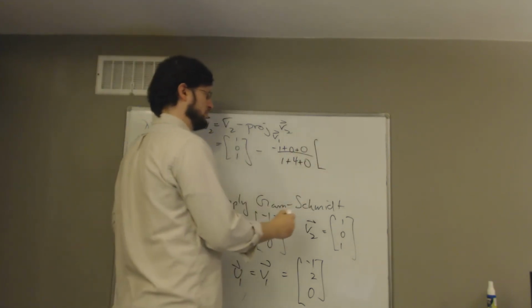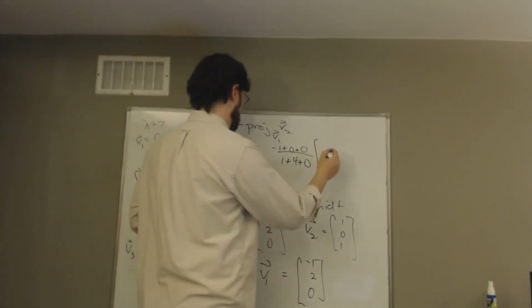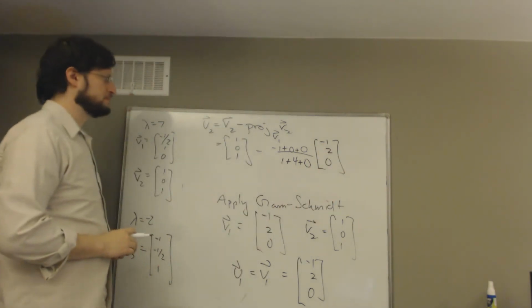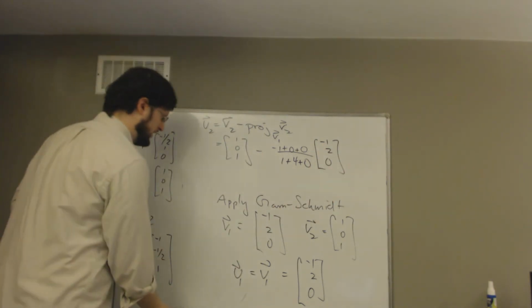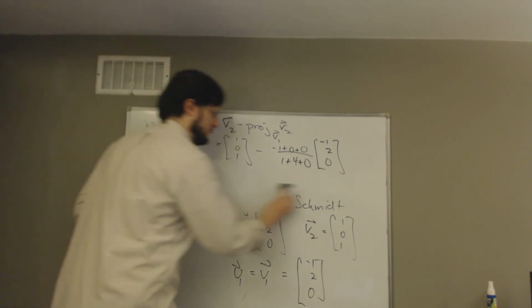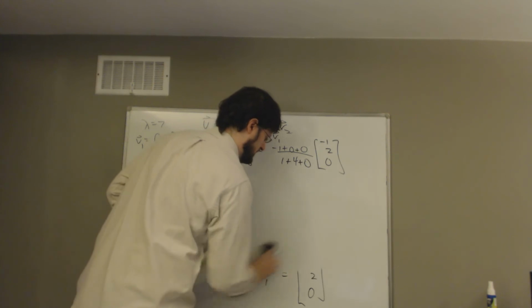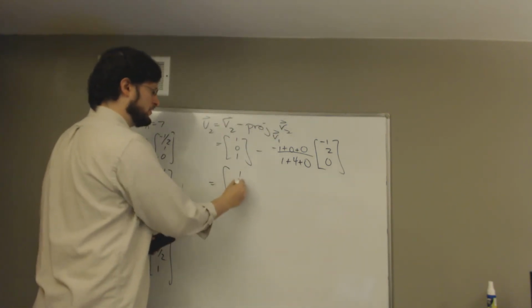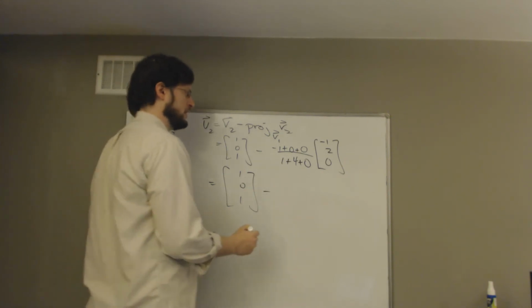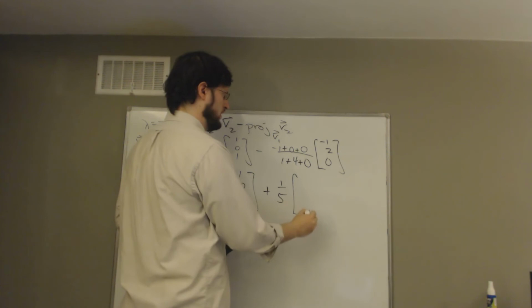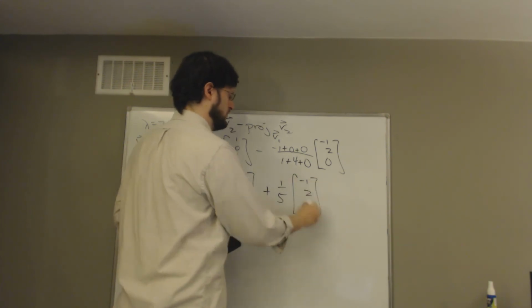And then we have to multiply by v1, which is -1, 2, 0. And so that makes 1, 0, 1 minus, so that's -1 over 5, which makes plus 1/5, times -1, 2, 0.